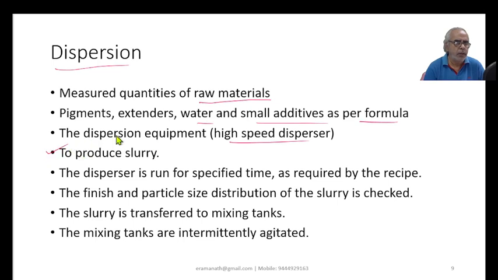Finally, we are able to produce the slurry, and the disperser is run for a specified time as required by the recipe, because we need to attain the grinding level. Usually it is represented in Hegman units. Then the finish and the particle size distribution of the slurry is checked with the grindometer.